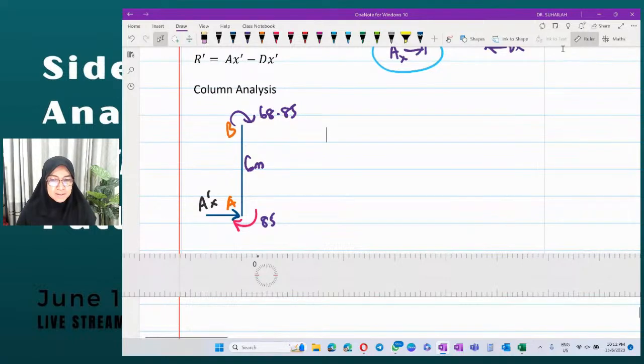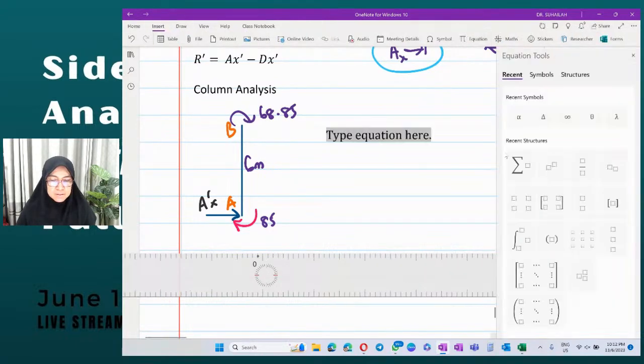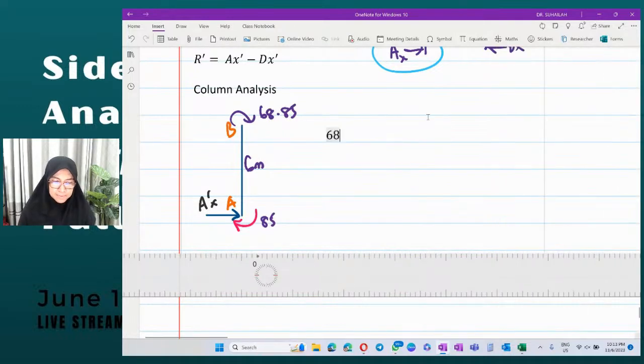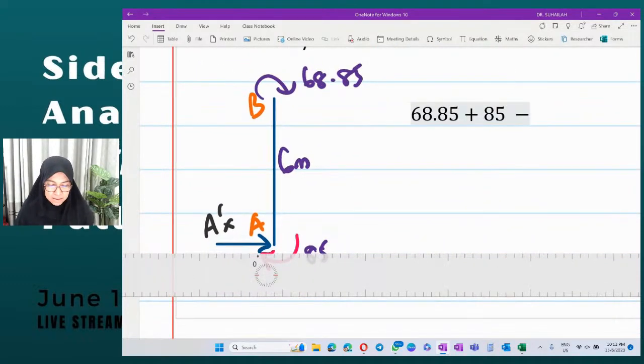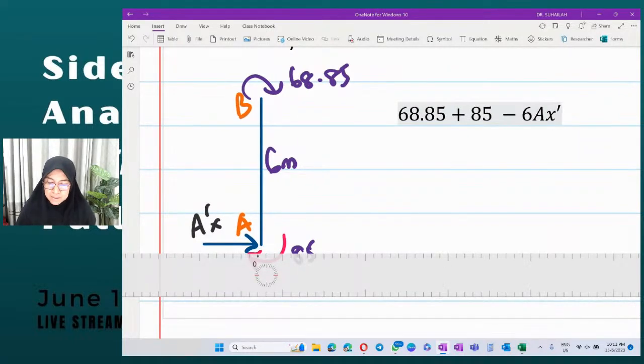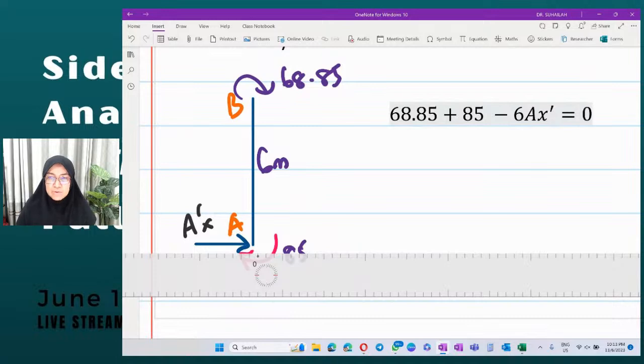So what do we get? It is 68.85 plus 85 minus 6 AX prime equal to 0.